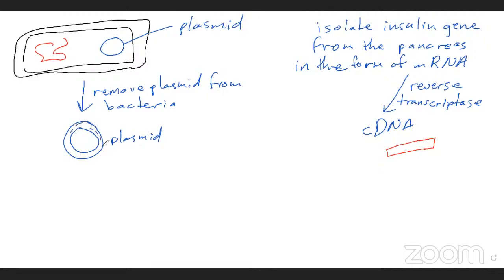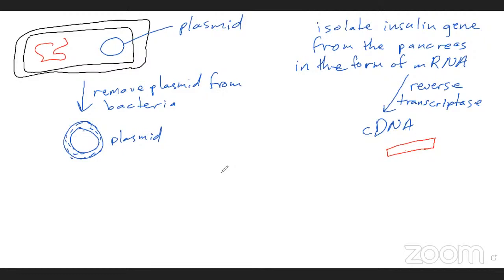And this is my plasmid. Right? So what do we need to do? There's a specific class of enzymes that we use when we're doing genetic engineering. Anybody know the name of the enzyme or the class of enzymes? Restriction enzymes, right.